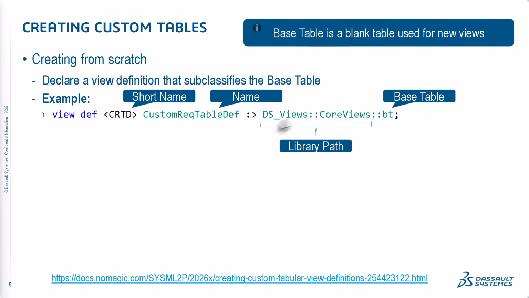And it is going to subclassify. That's what the colon angular bracket means, subclassification. And then we give it this library path so that we know where the base table resides.